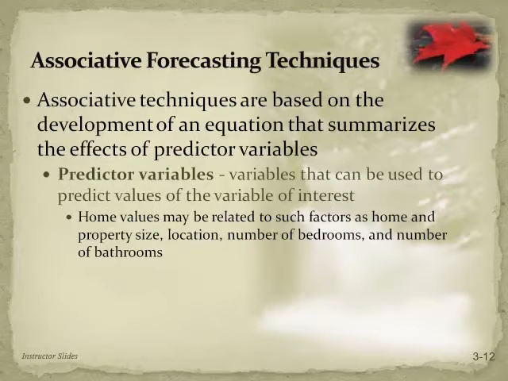Associative forecasting. So this is a different type of forecasting. It is the most difficult type of forecasting that we can do. Associative forecasting is forecasting when we are going to be identifying certain variables. This particular slide refers to them as predictor variables that have a relationship to the variable of interest that we are forecasting, such as demand.